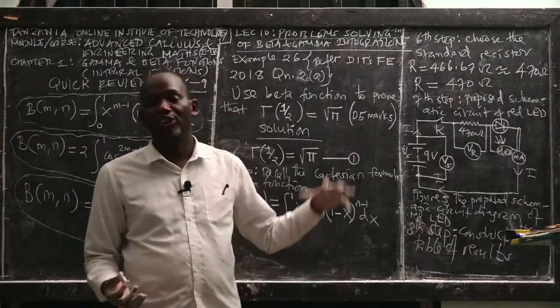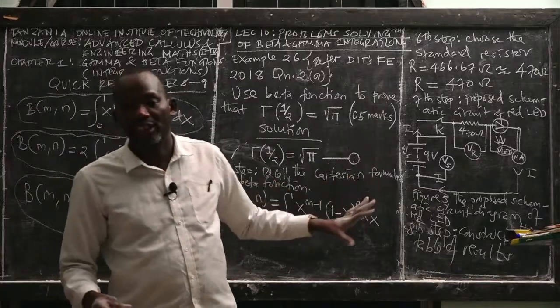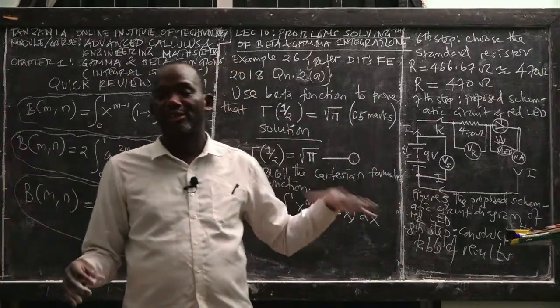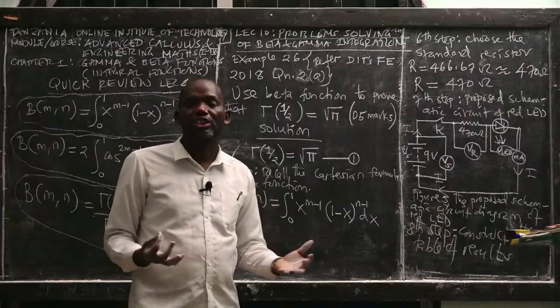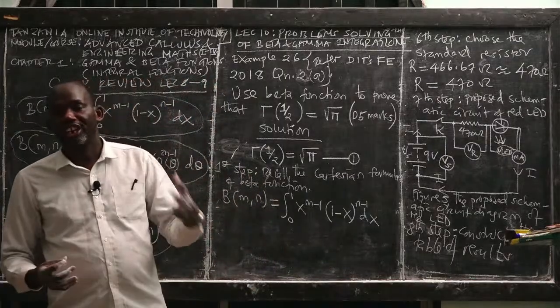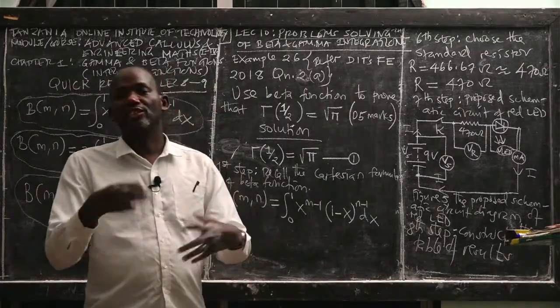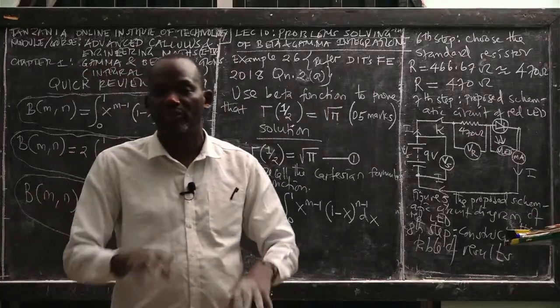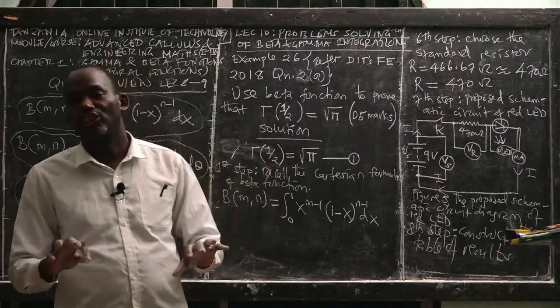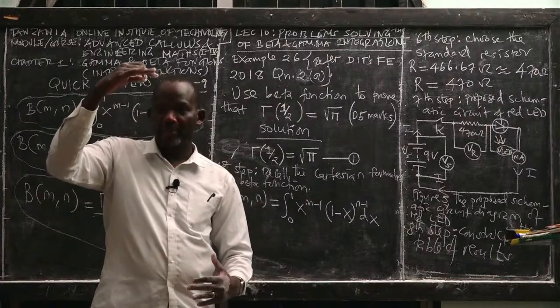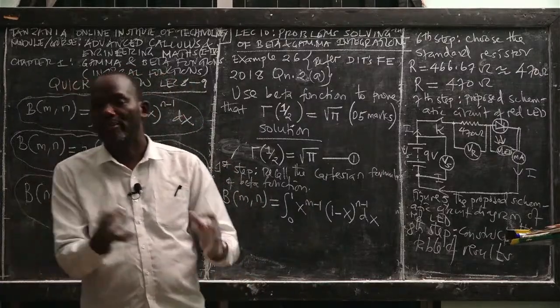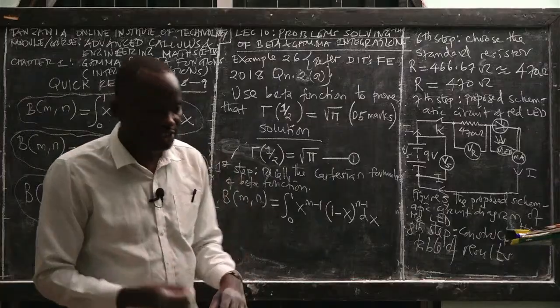However, the concepts and questions are common. We take them from different advanced engineering mathematics books, so even international students, you're warmly welcome. I'll be using two languages, English and Swahili. Swahili is just to help the Tanzanian students to understand, but all the writings and everything I'll be presenting will be in English. English will be the major language, while Swahili will be the minor language, just to clarify when necessary.